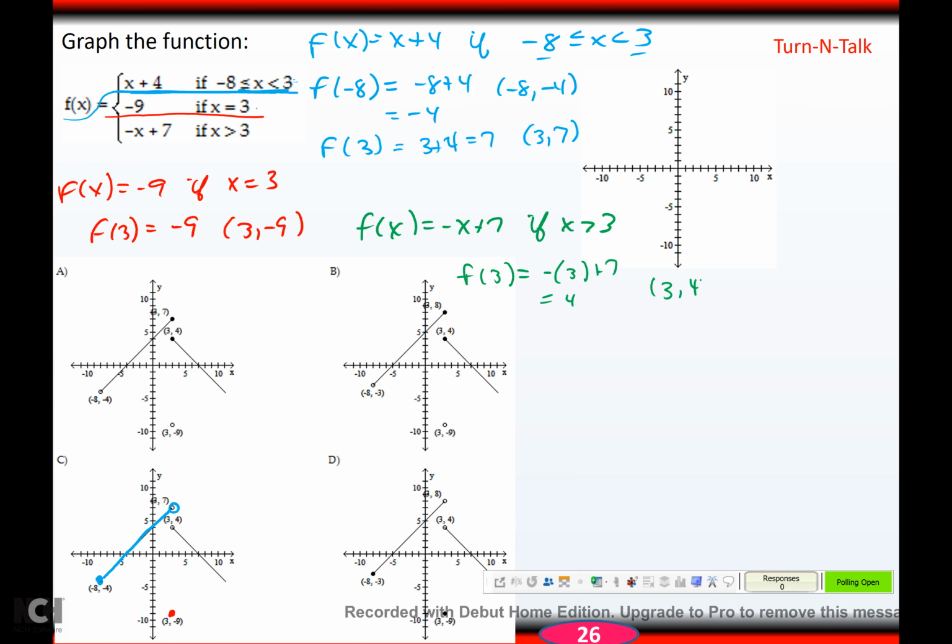So I get (3, 4) with an open circle. Right there, open circle, and then pick something bigger than 3. So let's pick, I don't know, 5. I get negative 5 plus 7, which would be 2. So if I plot (5, 2), we know it's a line. That would be this. And there's my 3 pieces of different functions.